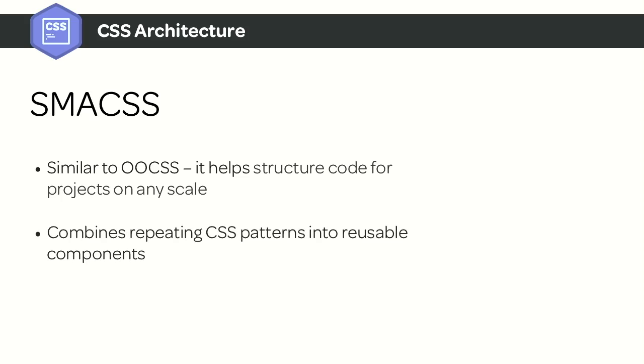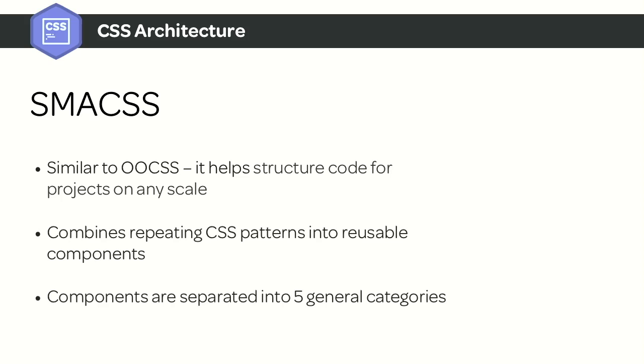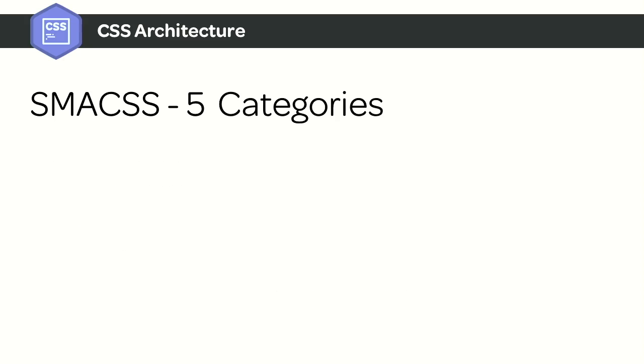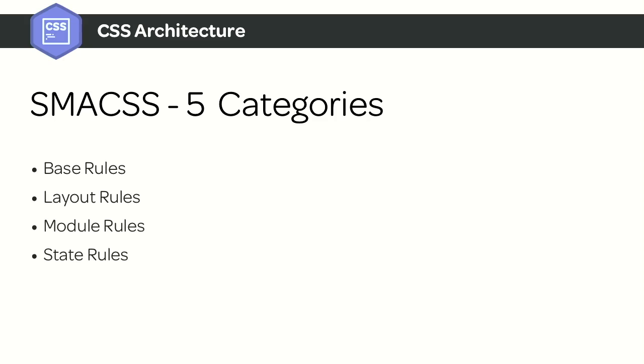It also combines repeating CSS patterns into these reusable components we can use anywhere in our sites. Now, the difference is that SMACSS separates our components into 5 general categories. And those categories are the base rules, the layout rules, the module rules, the state rules, and the theme rules.